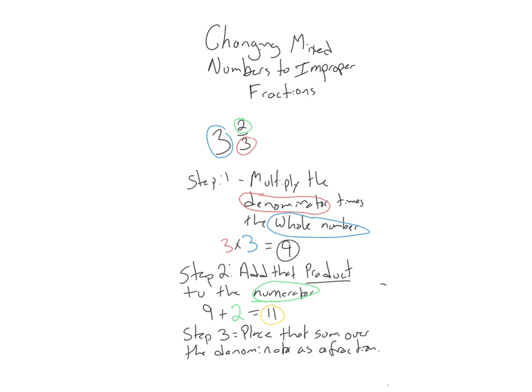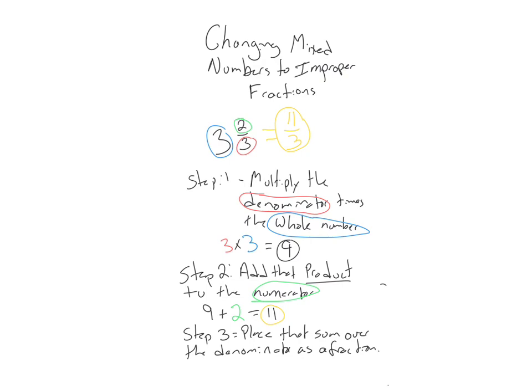So what that means is our new fraction, our improper fraction, is going to be 11 over 3, or 11/3.